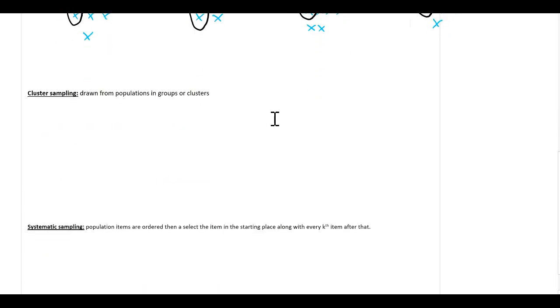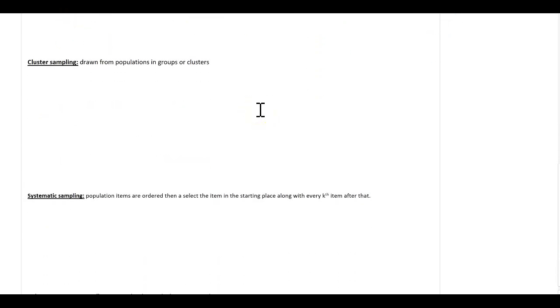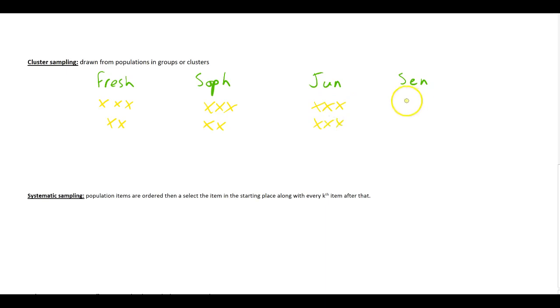The cluster sampling method is similar to that in the fact that we still have groups, and I'm going to do the freshmen again, the sophomores, the juniors, and the seniors, and I'll have 5 freshmen, 5 sophomores, 6 juniors, and 7 seniors.